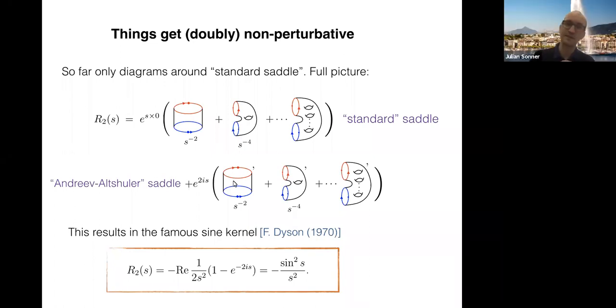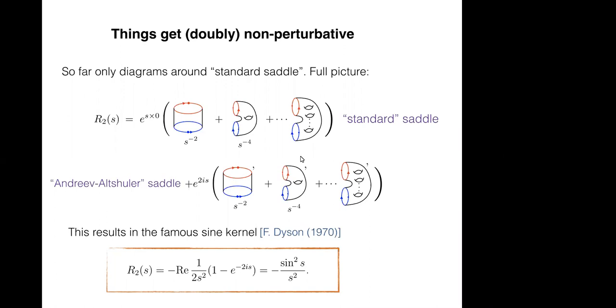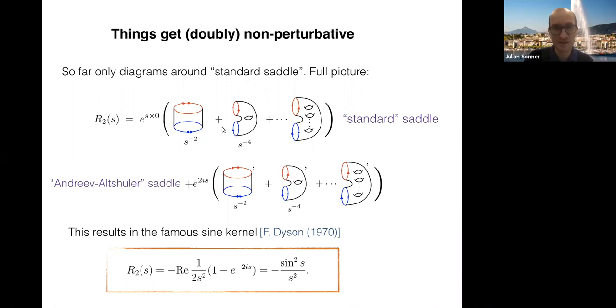However, there might be a subsector which is effectively classified by these diagrams. And this subsector, as you were suggesting, is in some sense related to minimal strings or 2D JT, two-dimensional models of gravity. Okay, thanks.